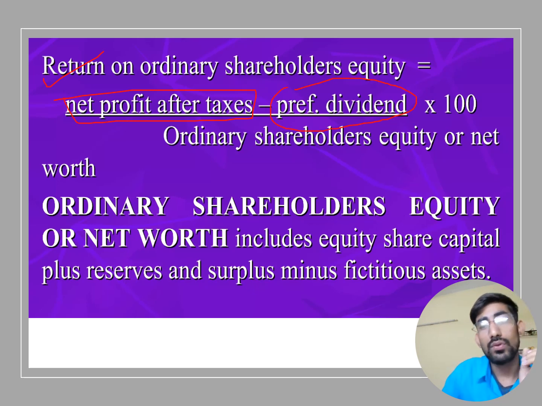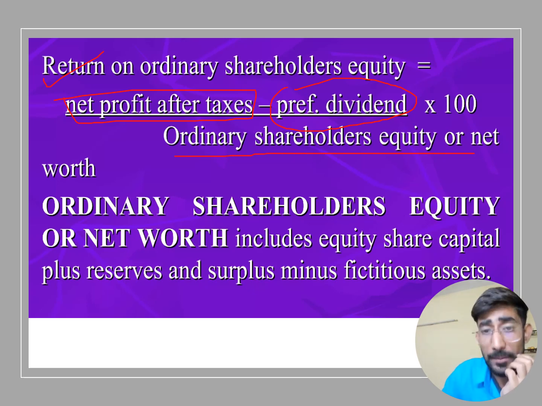Just like the previous one, we use the net profit after tax, and we deduct the preference dividend, because we are using it only for the ordinary or equity shareholders. In the denominator we will use equity shareholders fund. Now remember one thing, in this case we are going to include our RNS, because reserve and surplus is a part of equity shareholders, not of the preference shareholders. I hope it is clear.